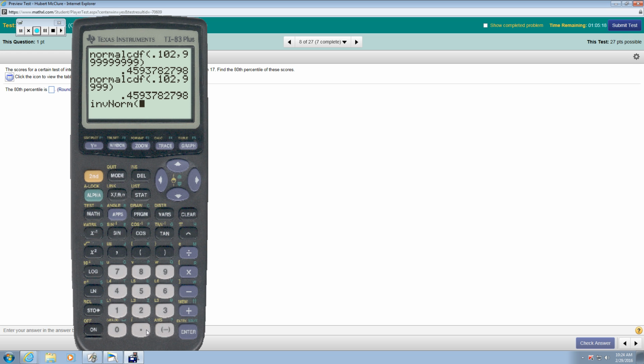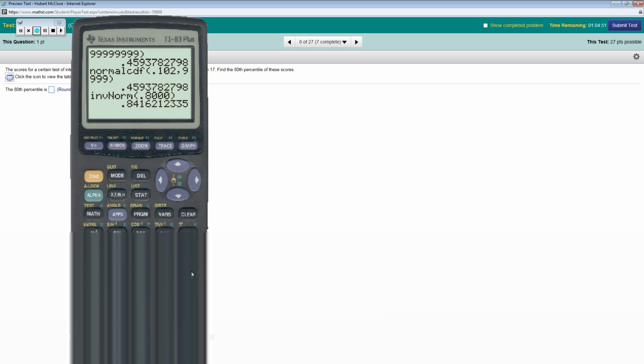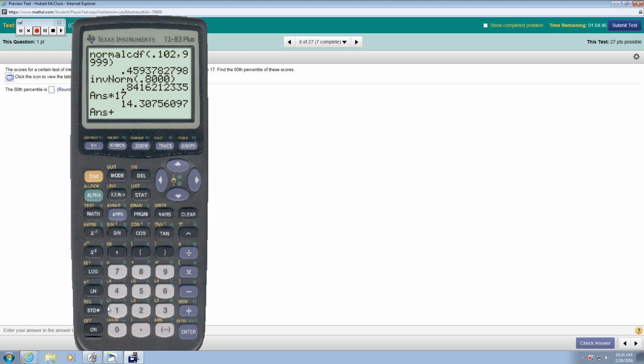Now you got to put it in decimal because it doesn't dummy down stuff like your book does. So we got to put 0.8000, close parentheses. There's your z-score. So you didn't have to find your z-score. There it is. And now you type that in, times 17, plus 100, and it's 114.3. I did all that on the calculator, didn't you?